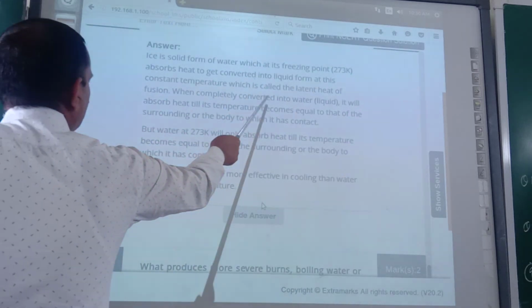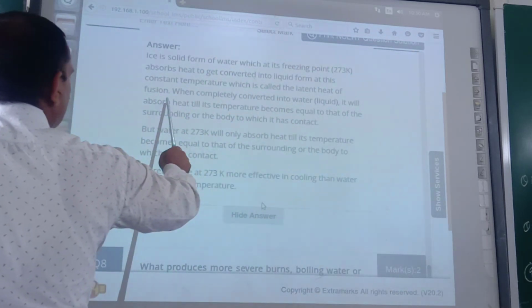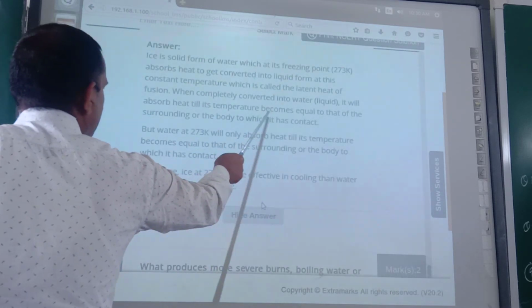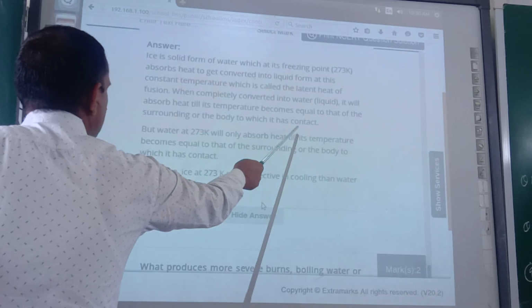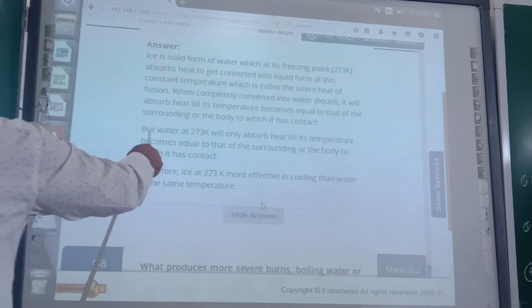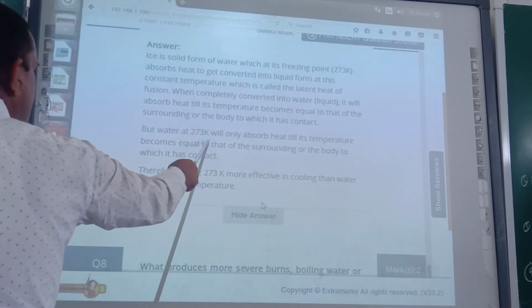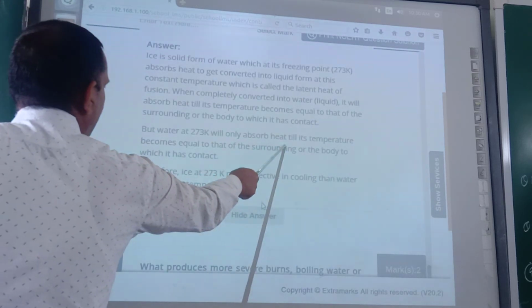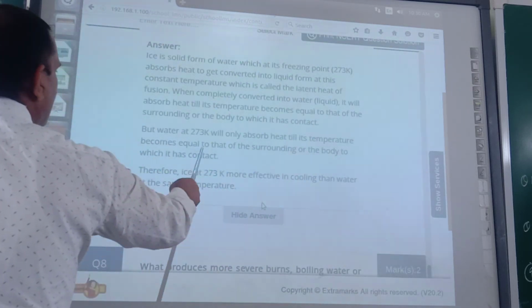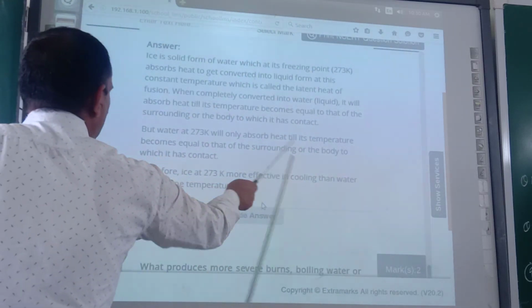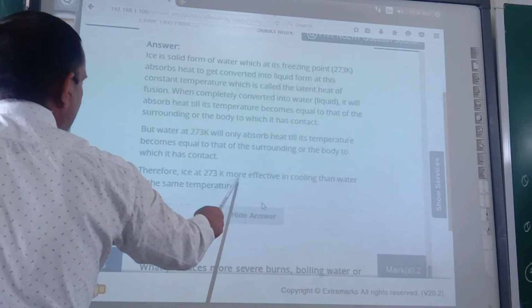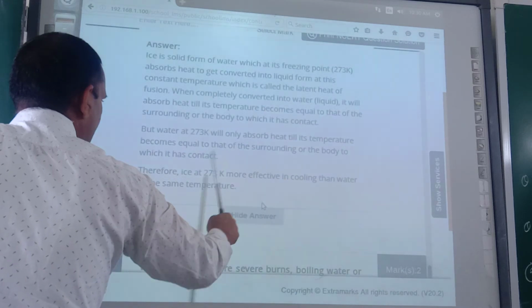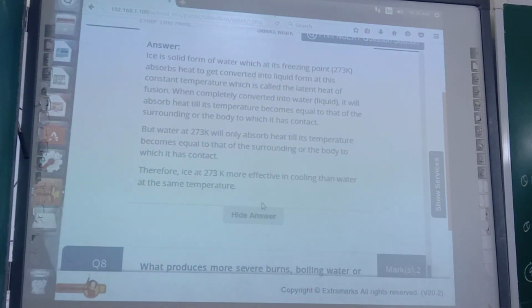When completely converted into water, it will absorb heat till its temperature becomes equal to that of the surrounding or the body to which it has contact. Water at 273 will only absorb heat till its temperature becomes equal to that of surrounding or the body to which it has contact. Therefore, ice at 273 Kelvin is more effective in cooling than water at the same temperature.